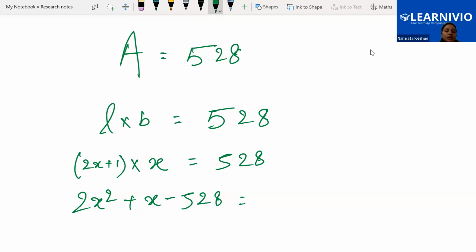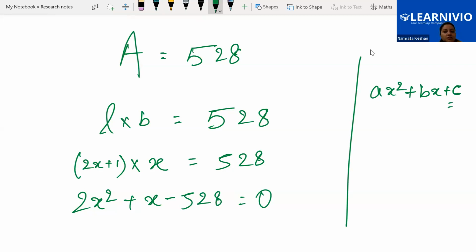Perfect. This is how we can write our quadratic equation. This is the standard format of a quadratic equation: ax square plus bx plus c is equal to 0.